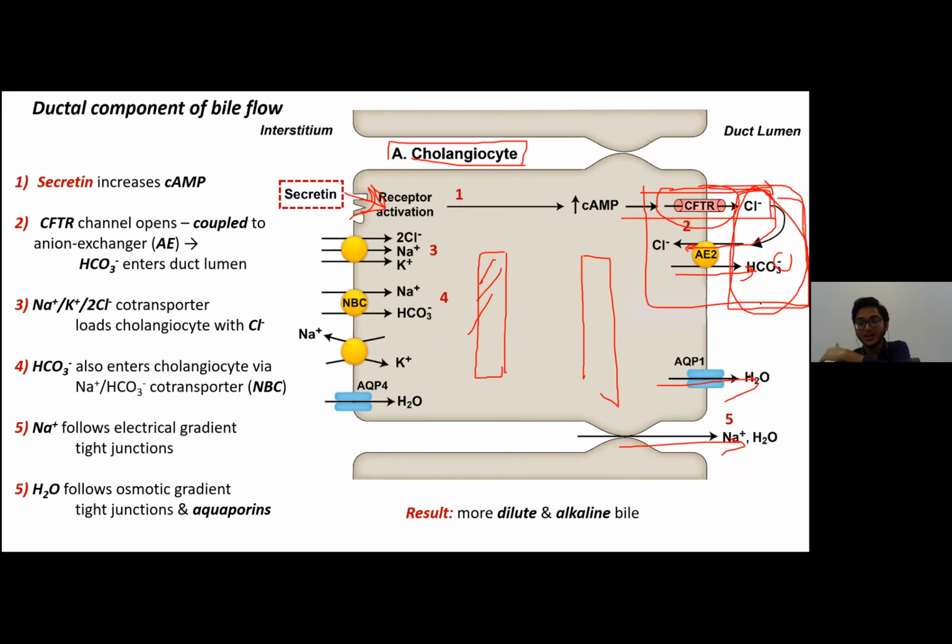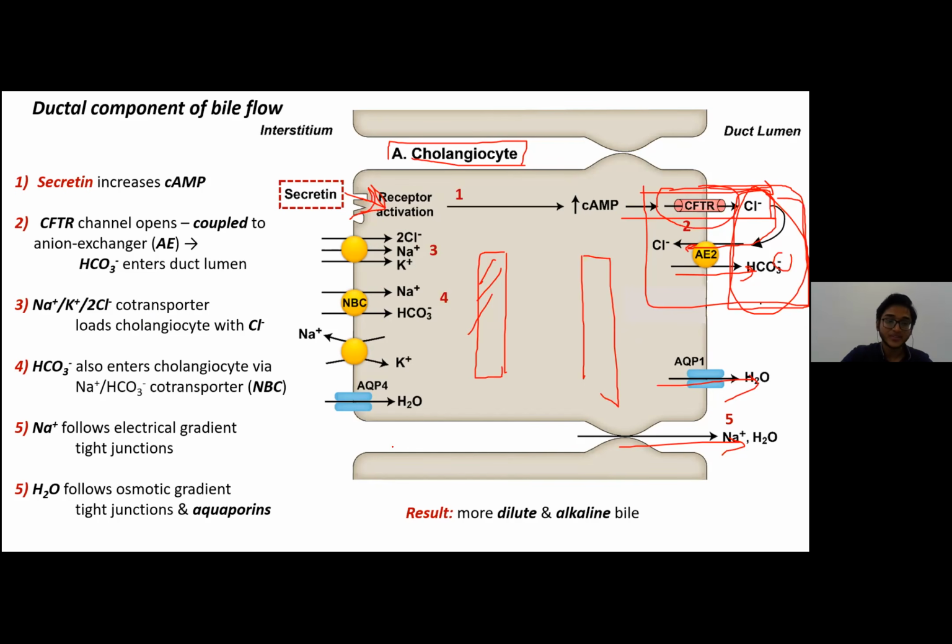If you're putting more chloride into the lumen, more chloride is getting exchanged for bicarb. So more bicarb is going into the lumen. Okay? Does this make sense? CFTR transports chloride into the lumen as an exchange for bicarbonate. Yes. So again, chloride is put into the lumen, it's exchanged for bicarbonate. And this is promoted by secretin. Okay.